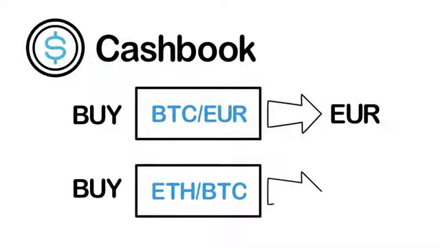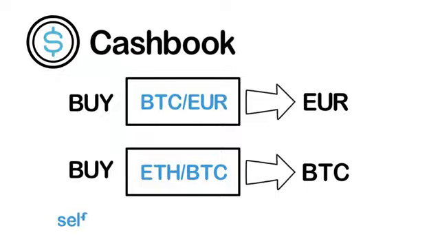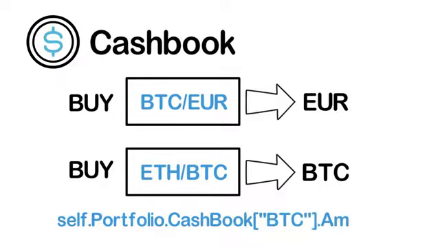To buy this pair, you need to own some Bitcoin since you're buying the Ethereum with Bitcoin. But note that you can also just buy cryptocurrencies against USD if you just focus on the crypto USD pairs. To get the amount of a certain coin in your portfolio, you can access the amount property of the cash book of your portfolio. For example, this line would get the amount of Bitcoin that you own in your portfolio.